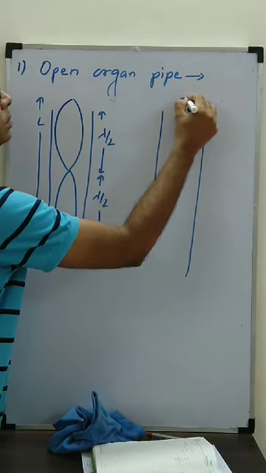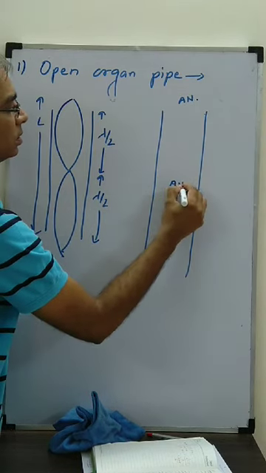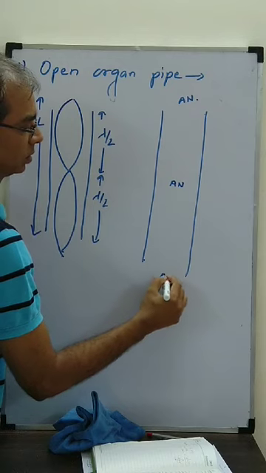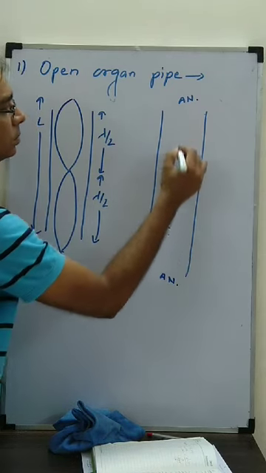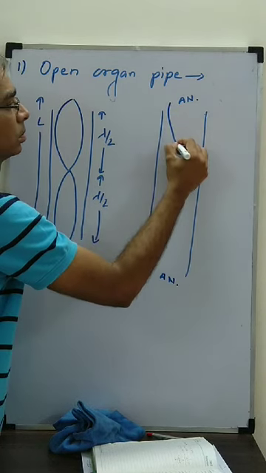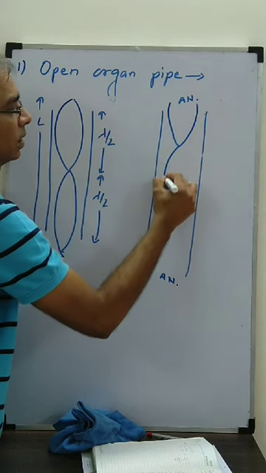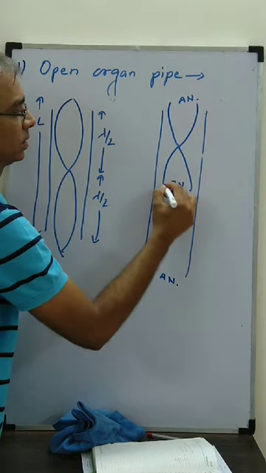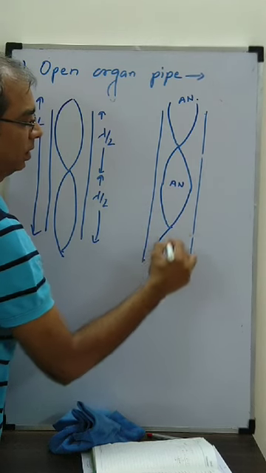Here is antinode. Again here is antinode. Again here is antinode, in between node and node. Like this, again antinode, like this, then again node, like this, and then antinode.